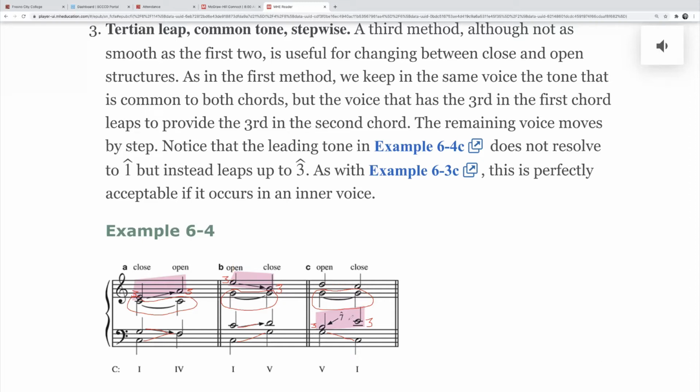I'm referring to the third of the chord. So the chord is C, E, and G. Way number 3 is talking about a tertian leap. So whatever the third of the chord is going to move to the third of the new chord. And my new chord is G, B, D, my third being the B. So my E moves to my B. I gotcha. Cool.